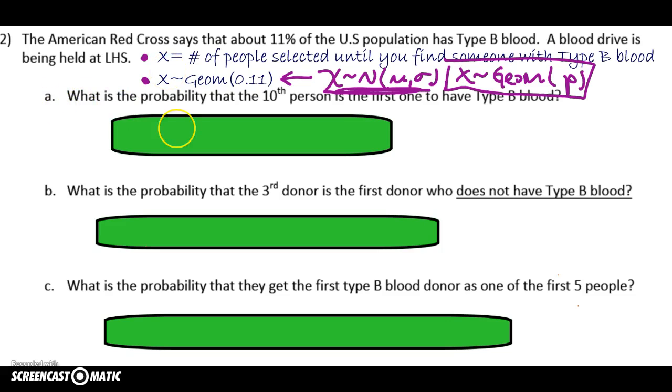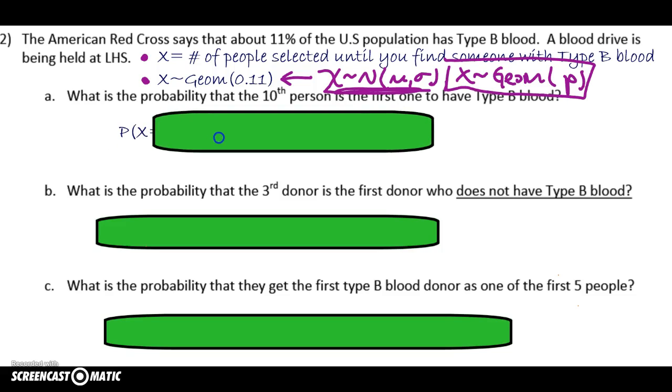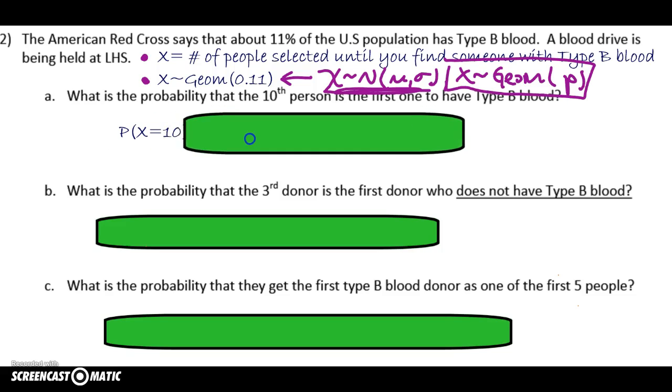Okay, so the first one says what's the probability that the 10th person is the first one to have type B blood. Because we defined it as until we find someone to have type B blood, we're writing out our original problem: the probability that the 10th person is the first one to have type B blood. Well, what does that mean? That means that the first 9 do not have type B blood.